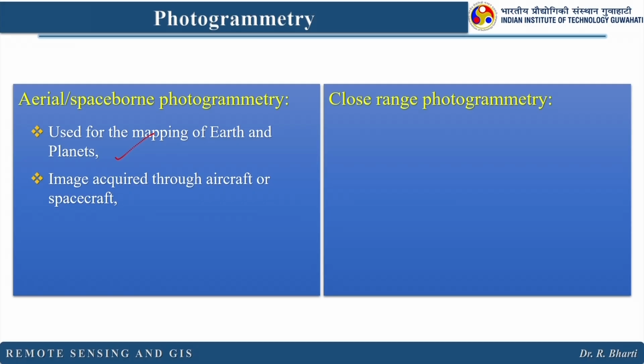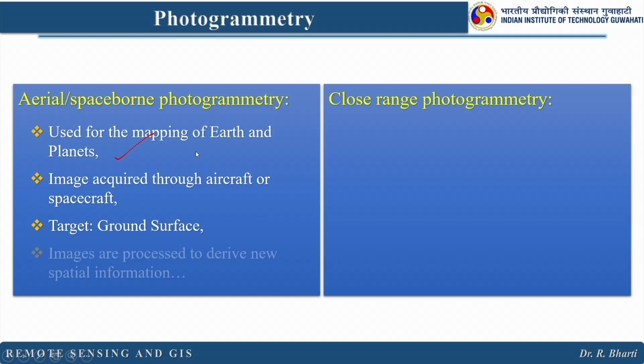Images are acquired through aircraft or spacecraft, the target is the ground surface, and the images are processed to derive new spatial information. Here basically we are talking about satellite remote sensing, satellite images.